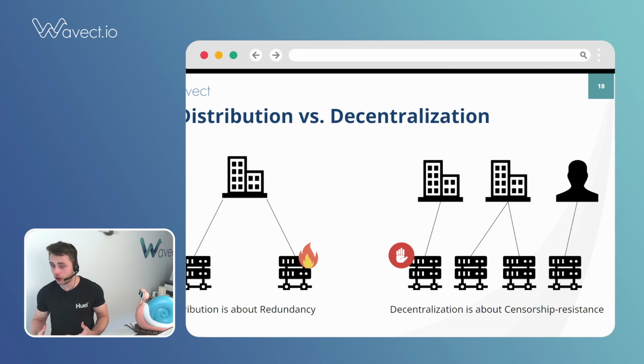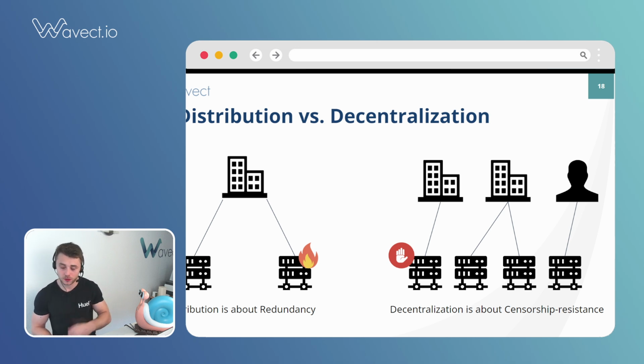Oftentimes, you don't even know who they are, which is also great for censorship resistance. And that basically creates that decentralized aspect, right? You don't have, or shouldn't have, one single party that controls that infrastructure. And that's the key difference here.